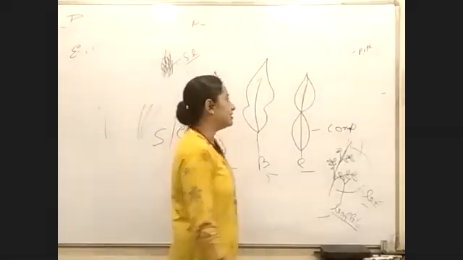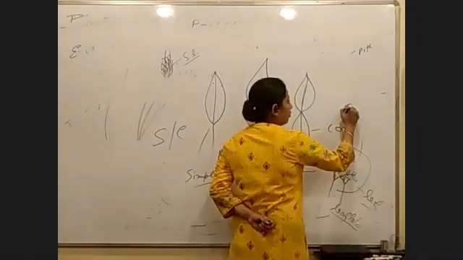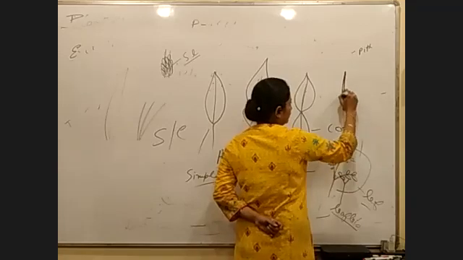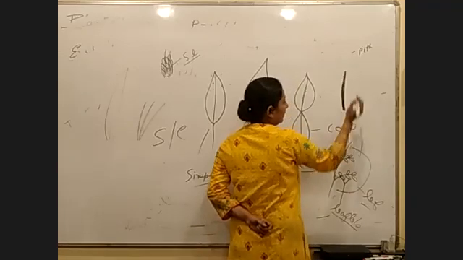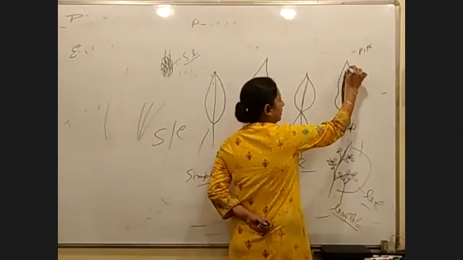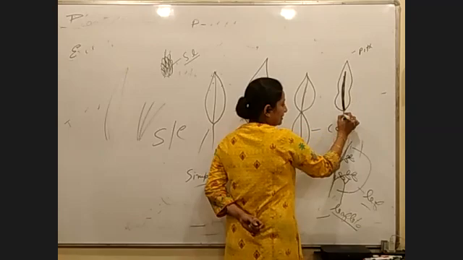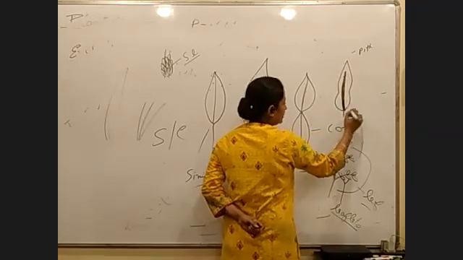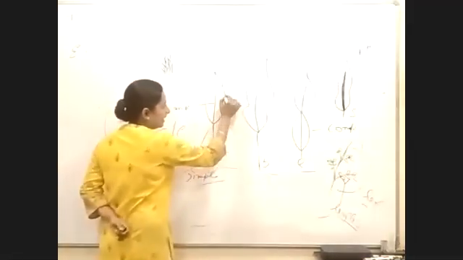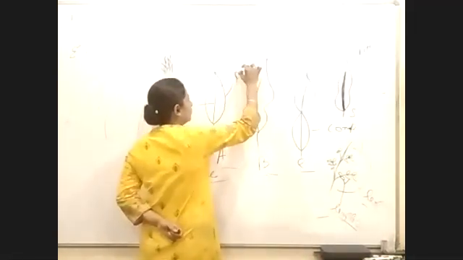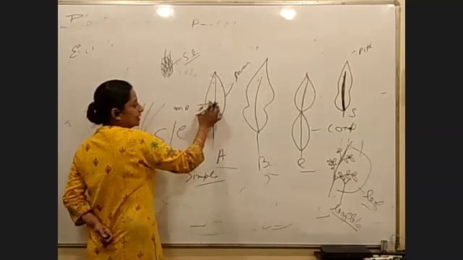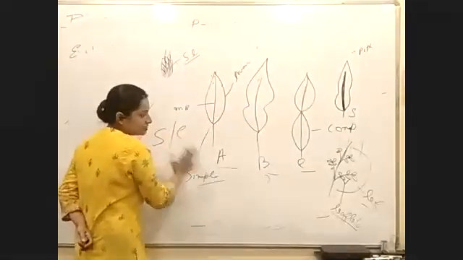The basic difference is, if the midrib or mid vein of a leaf, mid vein would be the more precise word, if the lamina of the leaf does not touch the mid vein, then what do we call it? Simple. See, what is this part called? Margin of a leaf, no? If the margin does not touch the midrib, it is one leaf and this is called as an entire leaf or a simple leaf.